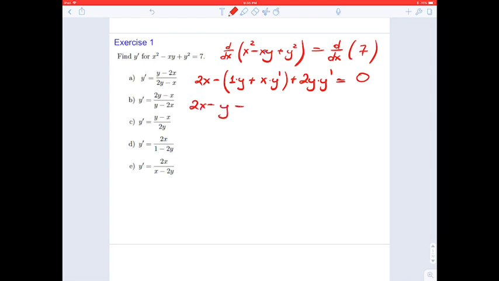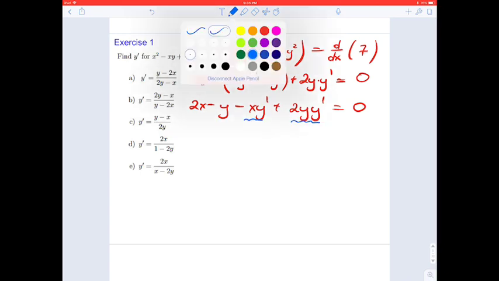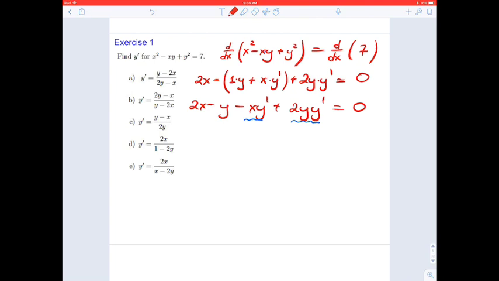2x minus y minus xy prime plus 2y y prime. We're solving this equation for y prime. I have to isolate these two terms on one side, and I will write the positive one first. 2y y prime minus xy prime, and I will add y to both sides and subtract 2x.